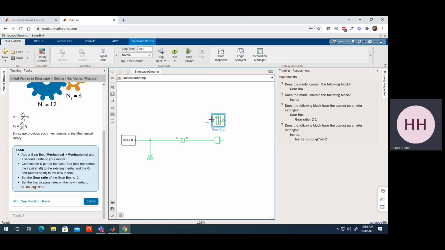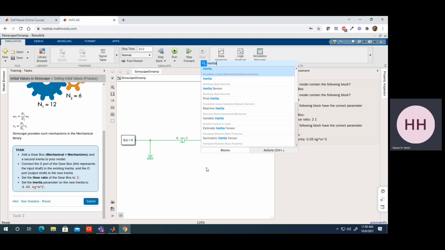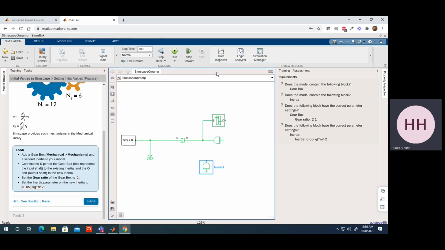So I'll be connecting here, and I'll add another inertia to the system. And this time I'll be adding the output. Set the gear ratio of the gearbox to 2.